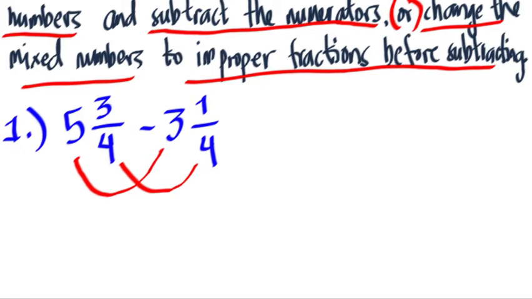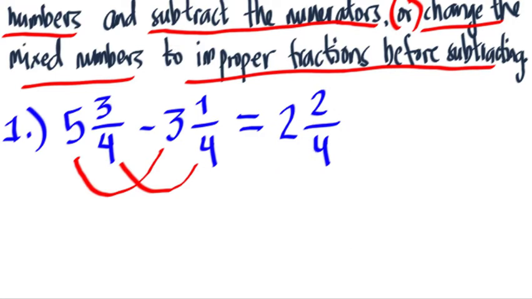We can imagine them separately. If we do that, 5 minus 3 is going to give us 2, and then 3/4 minus 1/4, since we have the denominators the same, we can just subtract the numerators directly. So we have 3 minus 1 is 2, and we have 4 as quarters.